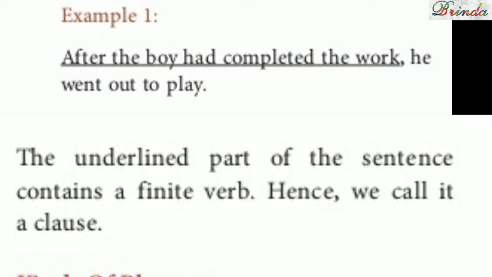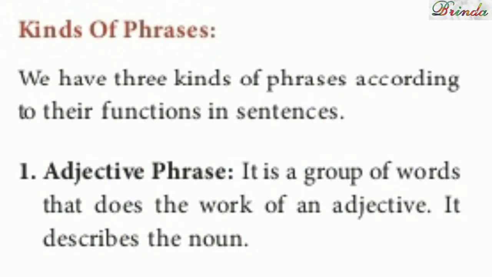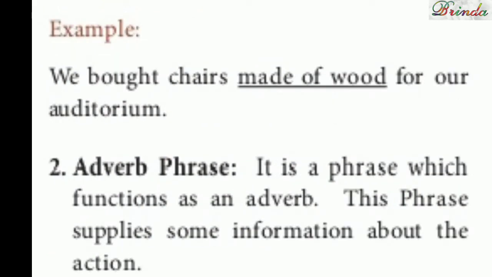Hence, we call it a clause. Next one, kinds of phrases. We have three kinds of phrases according to their functions in sentences. Okay, two kinds, that is adjective phrase, adverb phrase. Adjective phrase, it is a group of words that does the work of an adjective. It describes the noun. Example, we bought chairs made of wood for our auditorium.